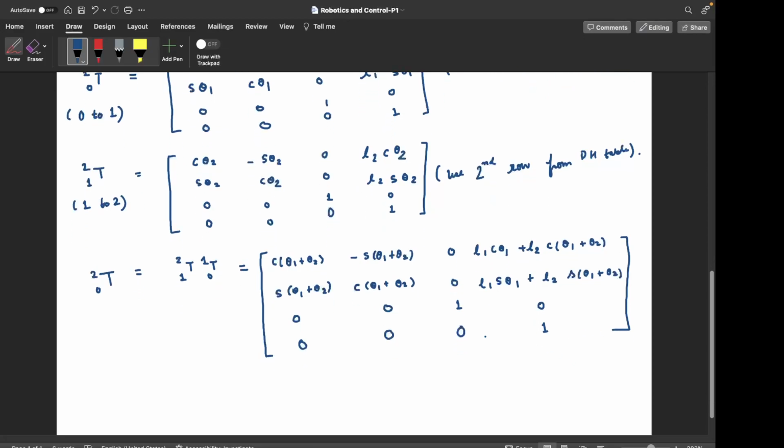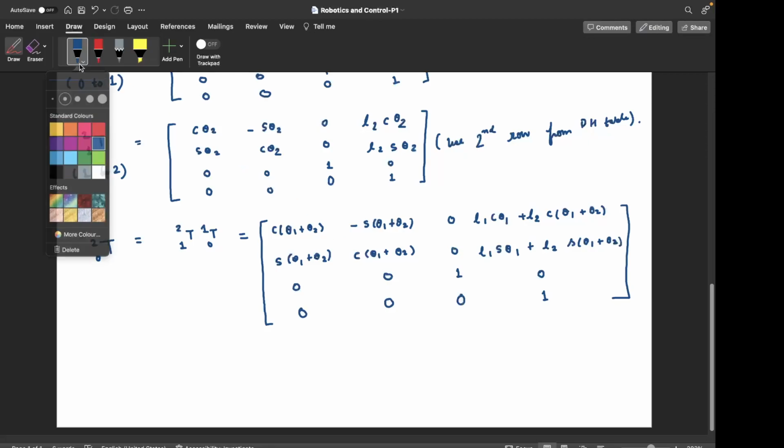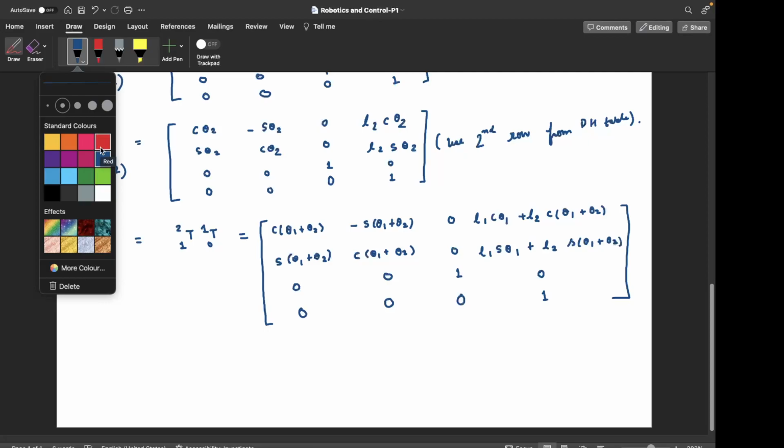Okay, so this is the expression that we get for the transformation from the base frame, that is the 0th frame, to the end effector frame, that is the second frame, right? And now if you look at this matrix, so you can basically see two things. Let me just use a different color.